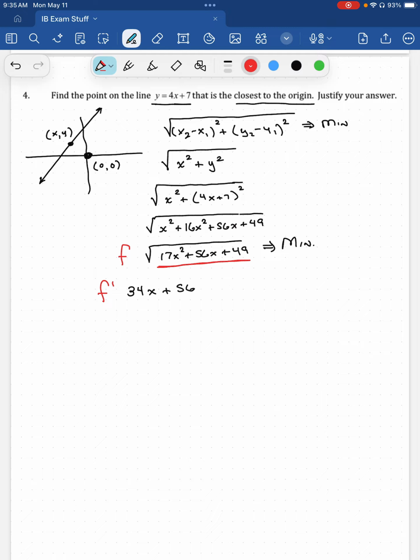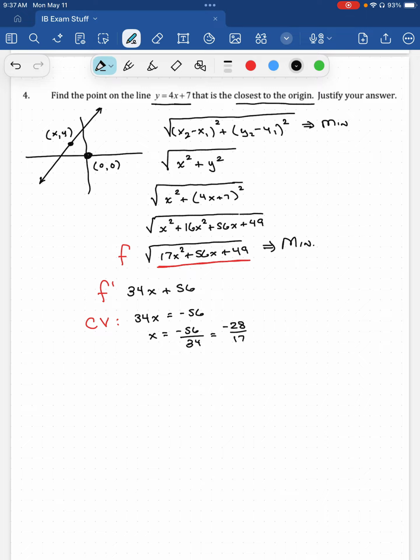So now we go ahead and find our critical values. To do our critical values, we set that equal to 0. So 34x equals negative 56. So x equals negative 56 over 34, which reduced is negative 28 over 17. Now, that is half the point.